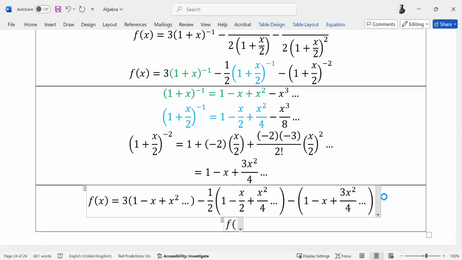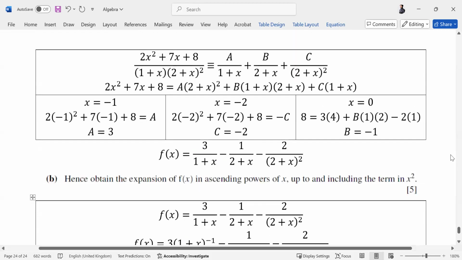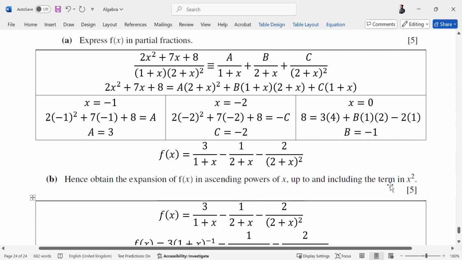एक एक करके बताओ पहले constant क्या है. Is the question only asking for x square? Up to and including the term in x square.